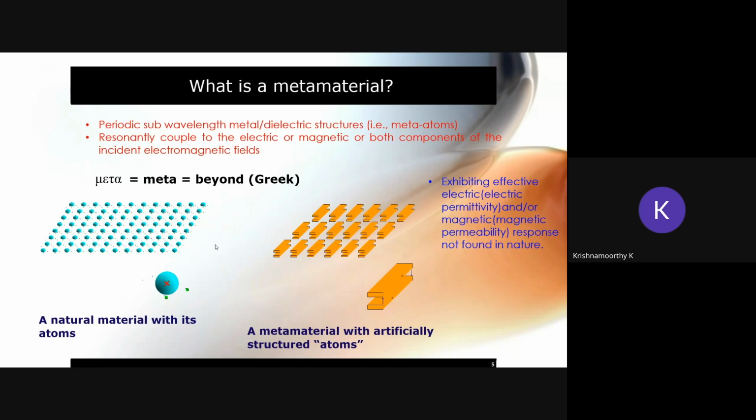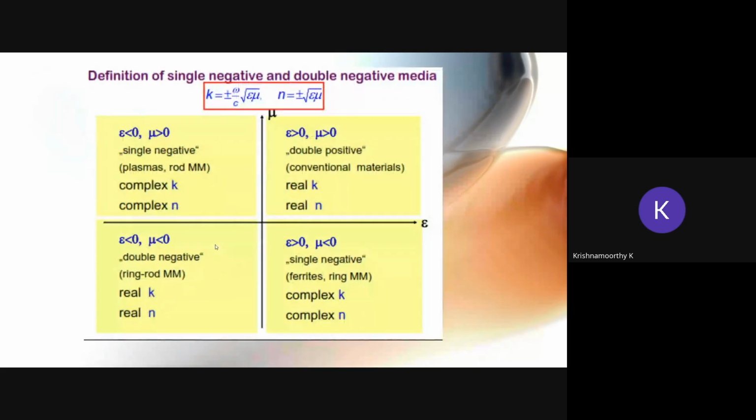So we can get simultaneous negative permeability and permittivity characteristics. That kind of behavior we call metamaterial. We know that material characteristics are classified based on the epsilon and mu characteristics. So we are going to divide all the materials into four categories.